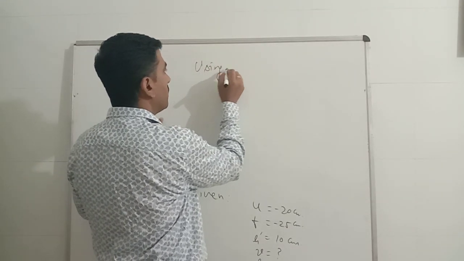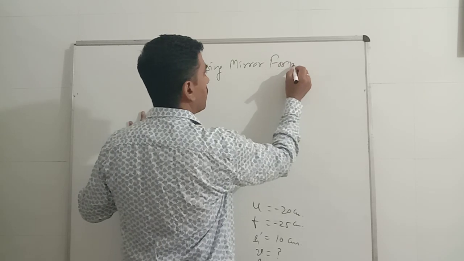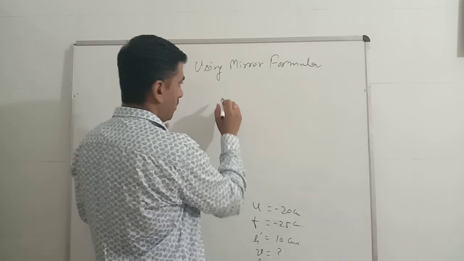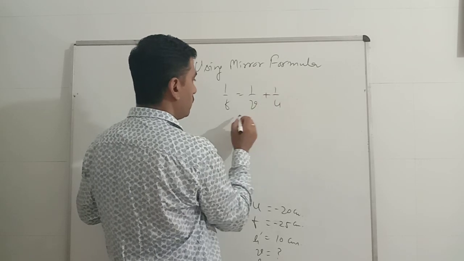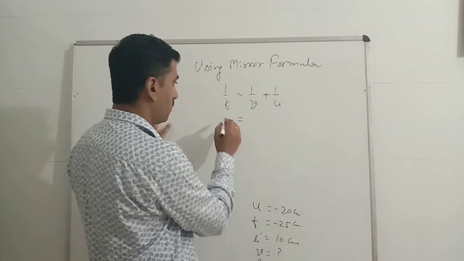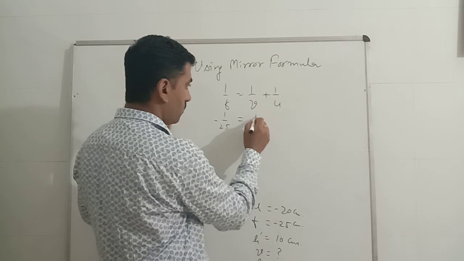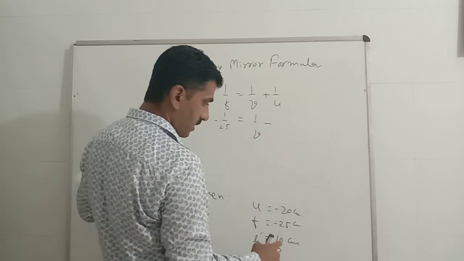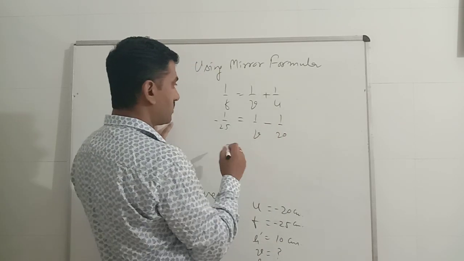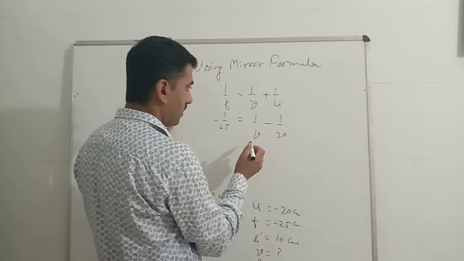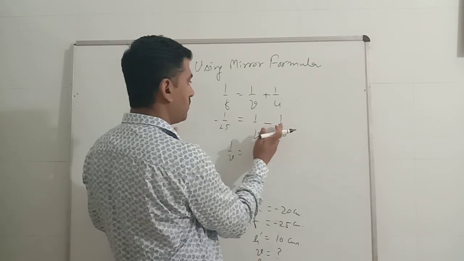Using the mirror formula, 1 upon f is equal to 1 upon v plus 1 upon u. So f is 1 upon minus 25, u we have, v we have to find out. So this will be minus 1 upon 20. So 1 upon v as it is, and this can be shifted this side.